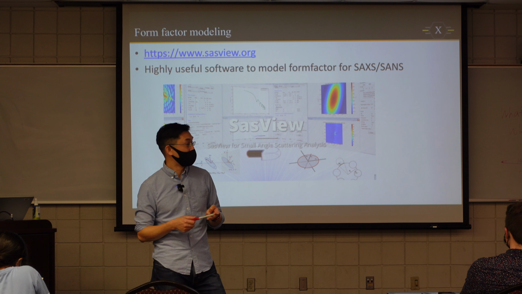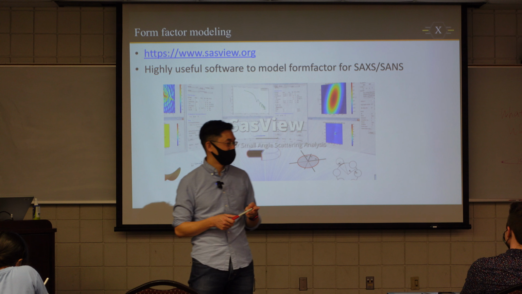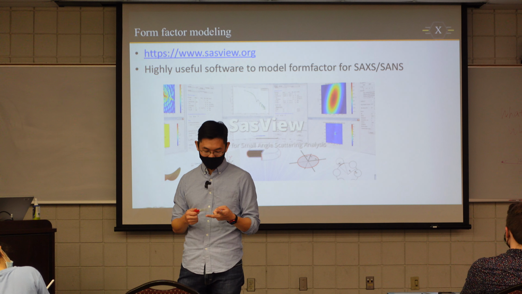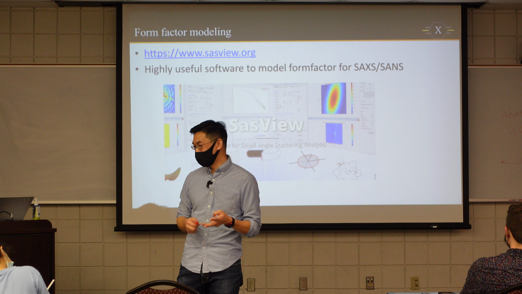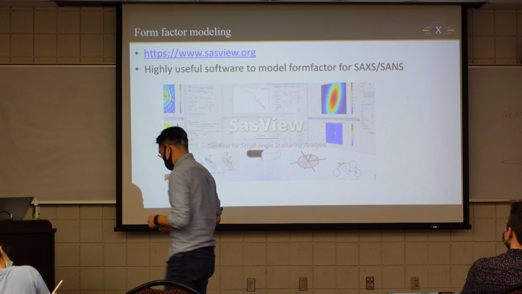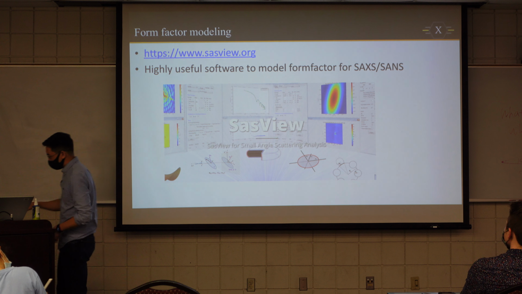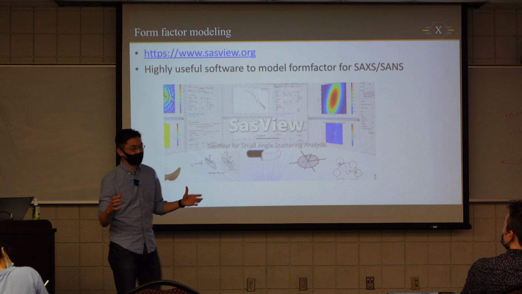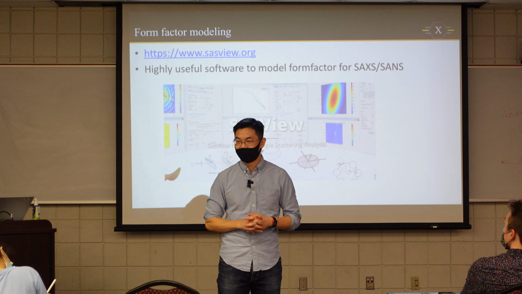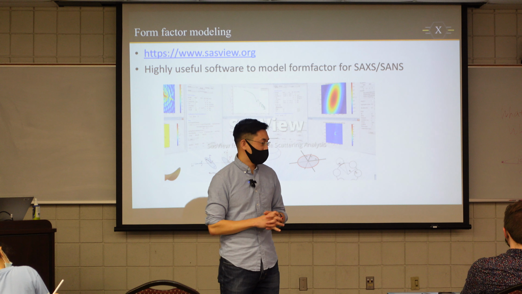Second is contrast. Make sure you do a scattering length density calculation and understand if there is net contrast. Last but not least is the size scale. Make sure the feature you're trying to measure matches the geometry of your setup so that you can measure it. Okay? With that, let's wrap up.